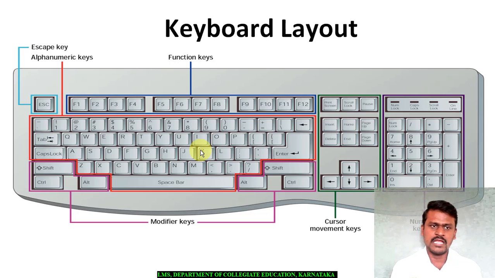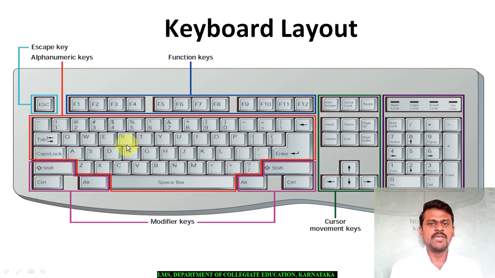Why do we call them alphanumeric keys? Alpha means alphabets, that is A, B, C, D till Z. Numeric means numbers ranging from 0 to 9. You can see here numbers ranging from 1 2 3 4 5 6 7 8, and ABCDs are alphabets.